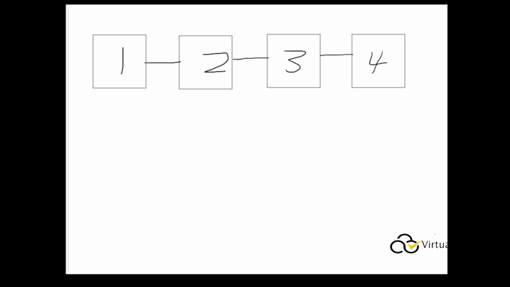Now, what would happen though if number 2 dies? This link and this link no longer are sending replication information. This means that number 1 cannot get any replication over to 3 and 4, and vice versa. 3 and 4 cannot get replication information over to 1.